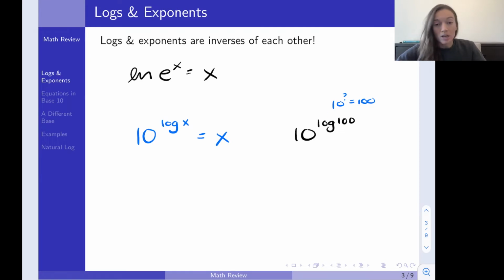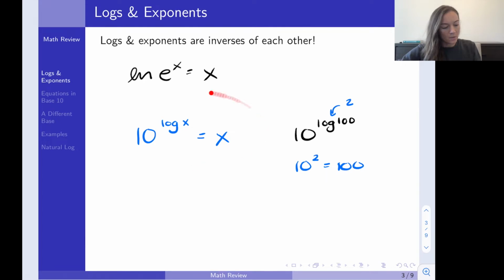That's what log of 100 is telling us. Well, we know that log of 100 is equal to 2, right? Because I have to raise 10 to the power of 2 to get 100. So this is equal to 2. So now obviously, if I then raise 10 to the power of 2, I'm going to get 100. And that will be true for any x that you put here.